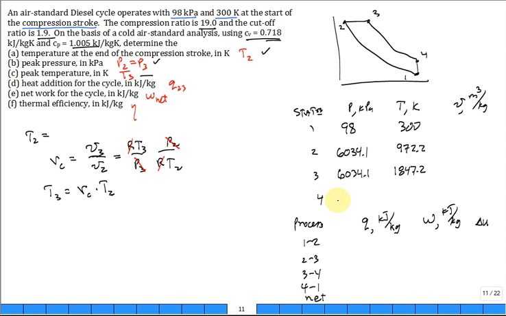And then for T4, just like the isentropic compression, it's isentropic, S equal to a constant, expansion, and we calculate that it's 240.6 and 736.5.